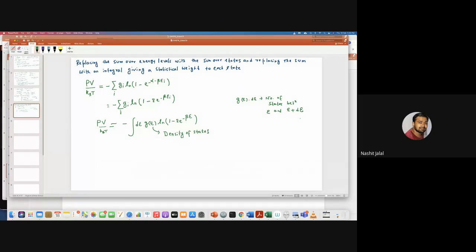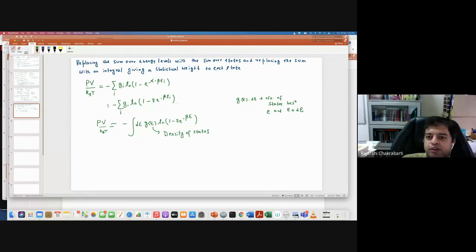Sir, is there any pretext for changing summation to integration, like the temperature or something? Yes, I did not say this here. Either high temperature or large volume.